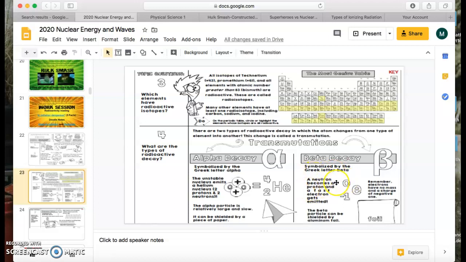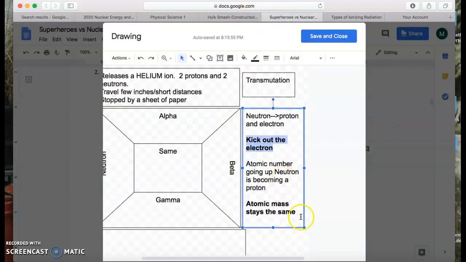A neutron is going to become a proton and an electron, and it's going to spit that electron out. Now, because it's going to have a little bit more energy, beta particles actually travel further. So they can travel further than alpha particles, and it takes more than just a sheet of paper to stop them.